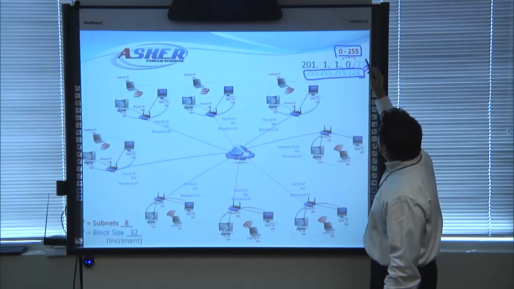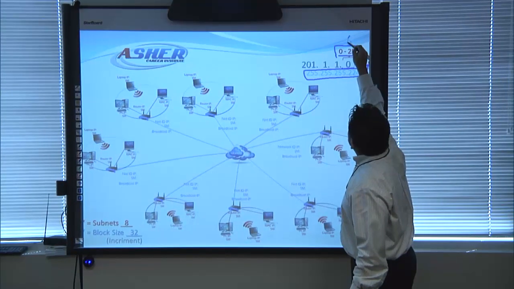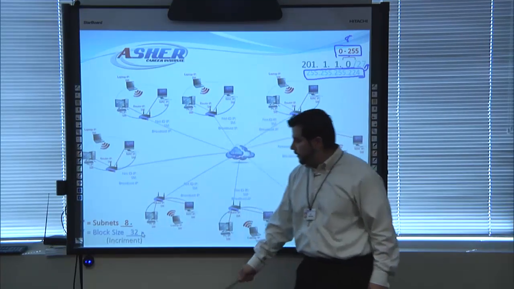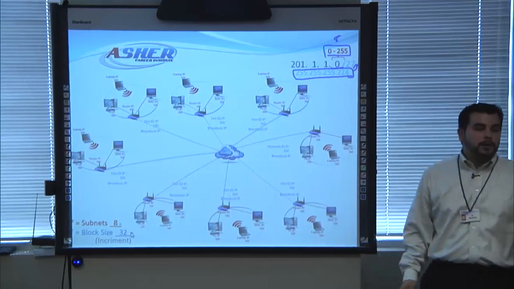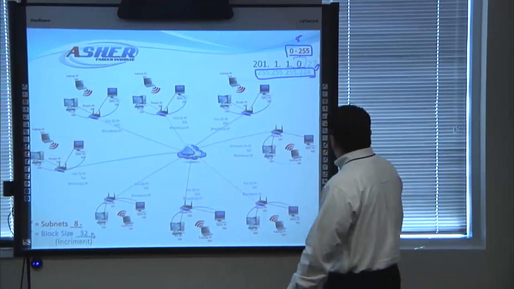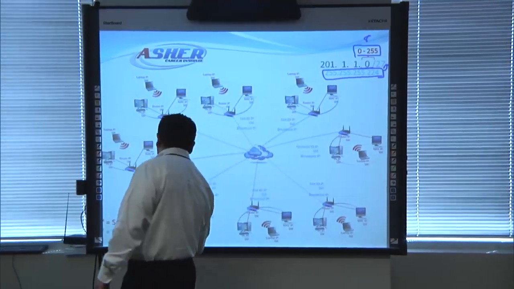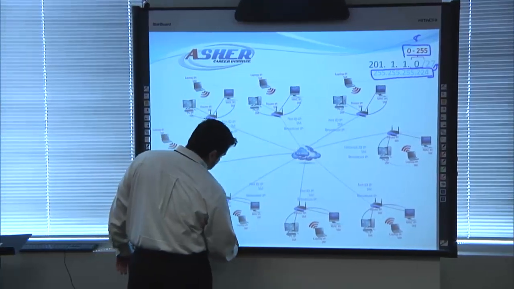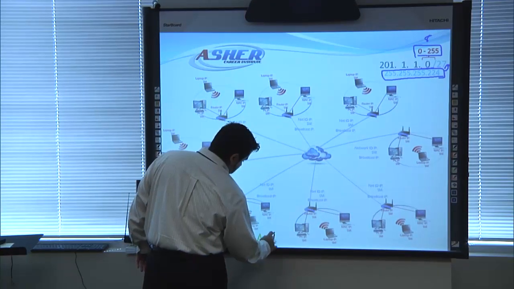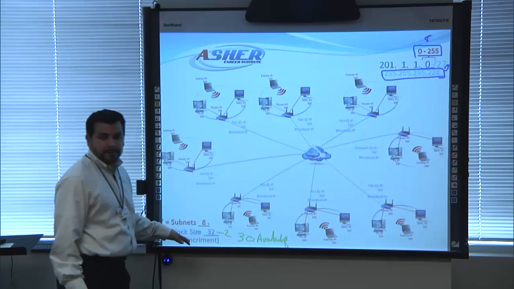And then we divided this group into 8 equal portions, and each portion had 32 IP blocks, or 32 range in each one. Out of those 32, we subtracted 2, and each group will have 30 available IP addresses.